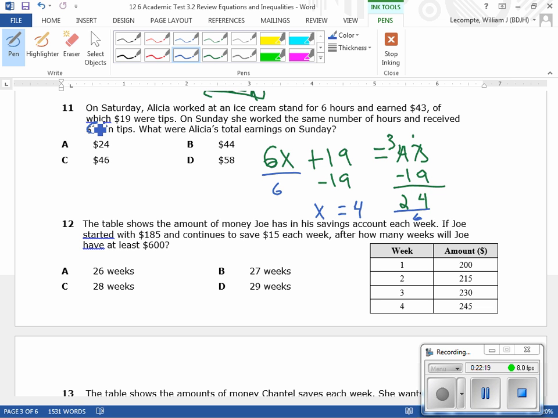So she's getting paid $4 an hour. So we're going to do 6 times 4, and we're going to add 22 to that. And that is equal to 24 plus 22, which is $46.